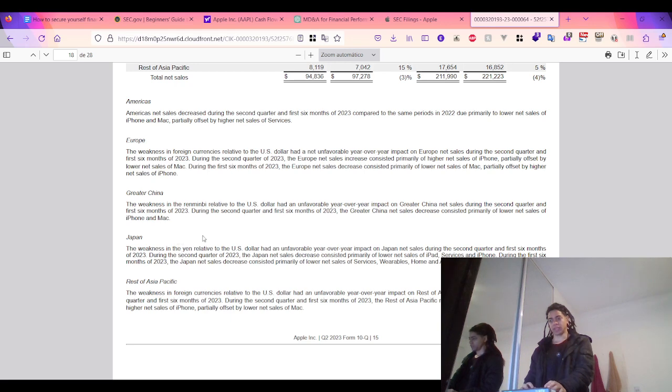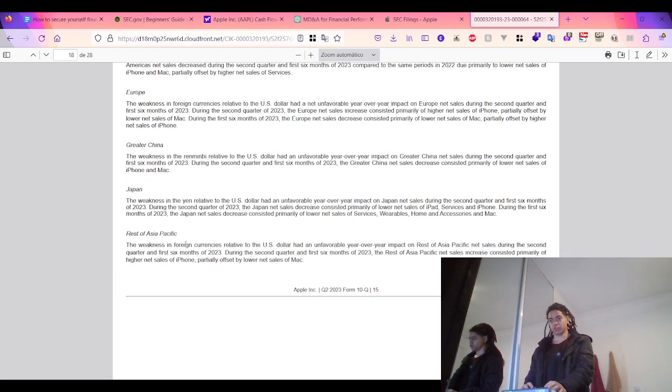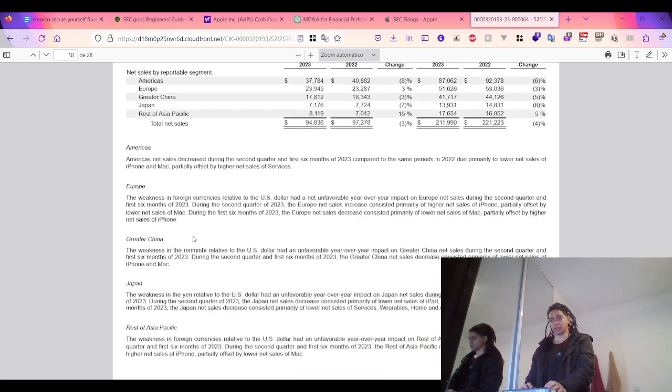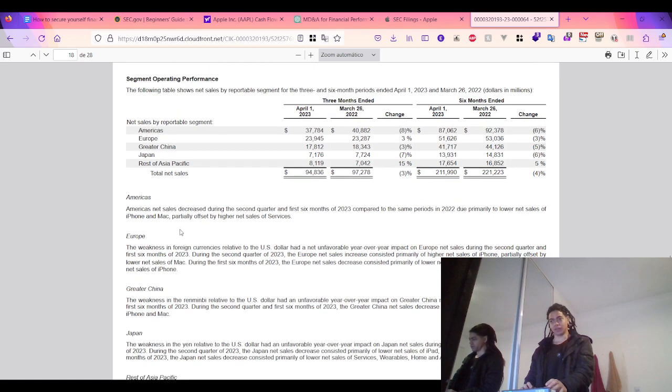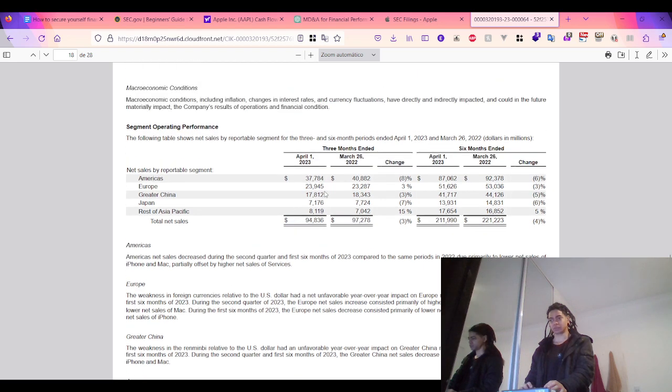In Japan and the rest of Asia Pacific, the weakness in foreign currency relative to the US dollar had an unfavorable year-over-year impact on net sales, meaning that Apple suffered a decrease in net sales in Americas, Europe, Greater China, Japan, and rest of Asia.